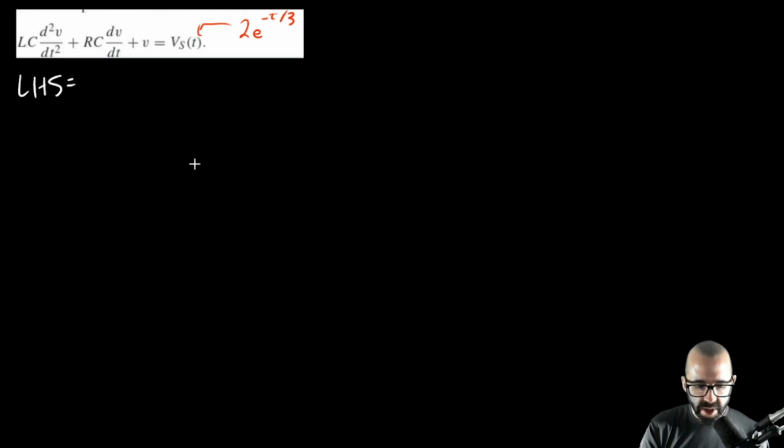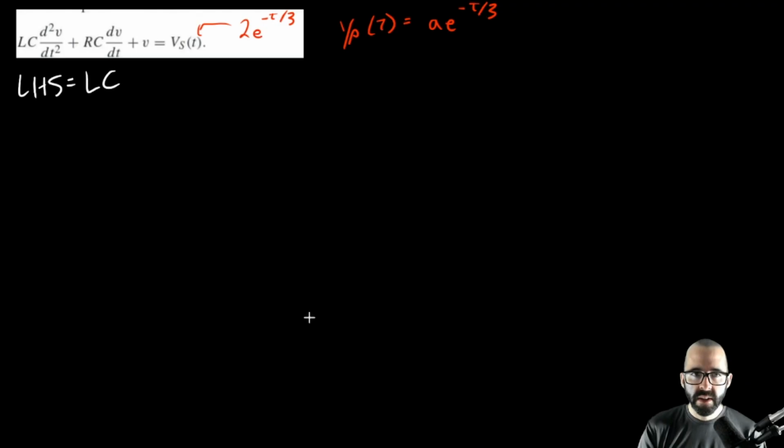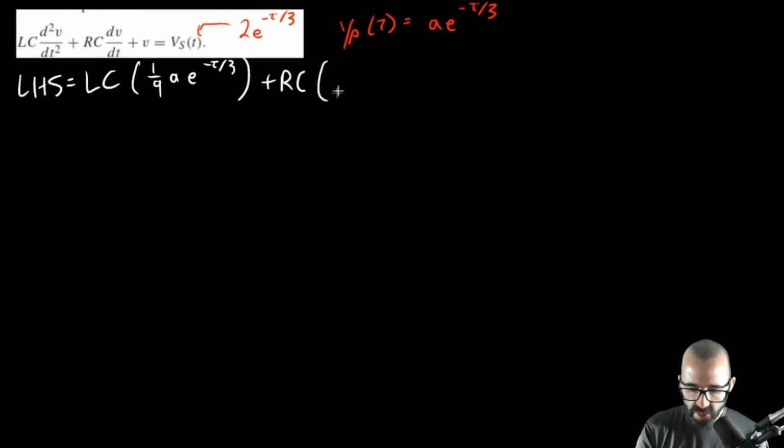The left-hand side of this equation is LC times the derivative. And again, remembering that our particular solution guess was a e to the negative t over 3. So it's going to be LC times the second derivative of that, which is positive 1/9 a e to the negative t over 3, plus RC times the first derivative, which was negative 1/3 a e to the negative t over 3, plus our guess, which is like so.